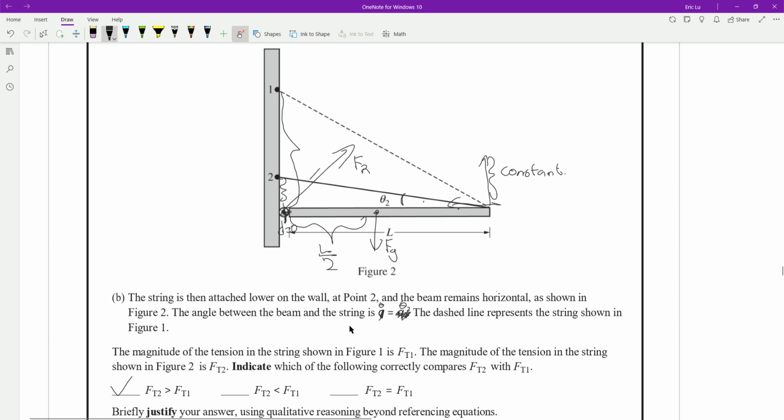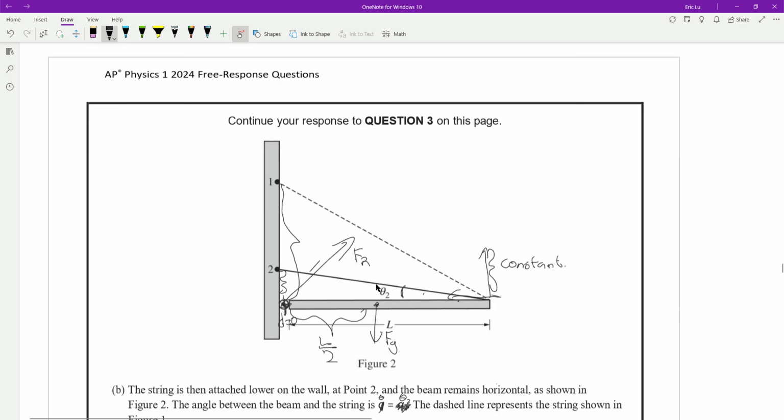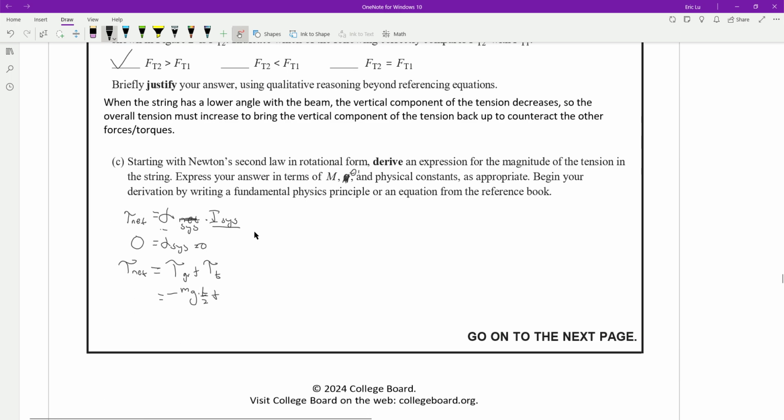Well, it would be the force of gravity, which is m times negative g because it's going down, times the length, which is L over 2. So negative mg times L over 2, plus the torque of the tension, which would be equal to the force of the tension times the distance, which is L. And we can set the net torque to be equal to zero as we found out over here.